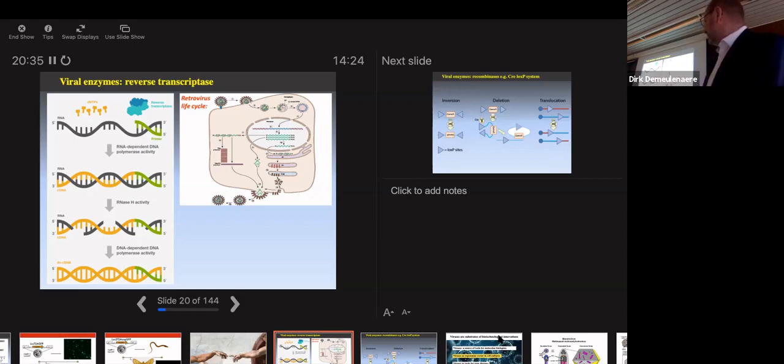Then this heteroduplex is not double-strand DNA, so you need to get rid of the RNA, and you need the RNase activity that works on heteroduplex. That's not trivial. There are not many RNases able to cut a heteroduplex. This enzyme is able to do so. You remove the RNA, and then finally you synthesize the complementary strand of DNA, and for this you need a DNA-dependent DNA polymerase activity. So all these enzymatic activities have been cloned from these retroviruses, and this is what you find in this kit.